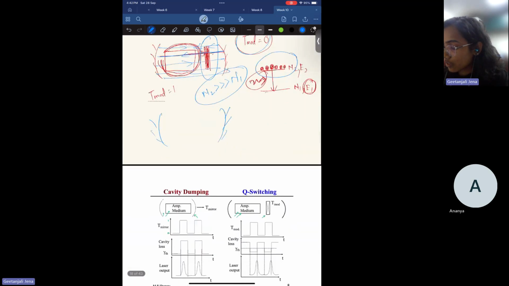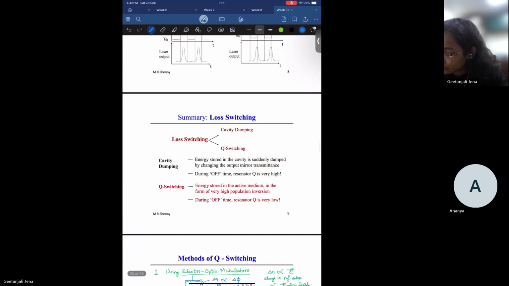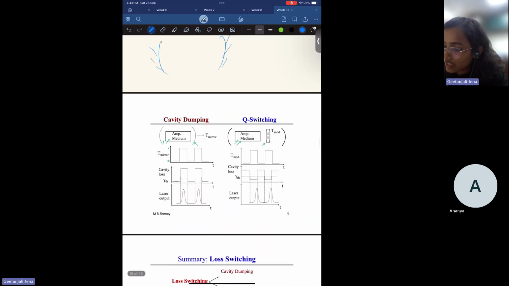So let me move to our next part. The next part says comparison between cavity dumping and Q switching. In cavity dumping, we change the transmittance of this mirror M2, but in Q switching, we change the energy stored in the amplifying medium, and we use an intracavity modulator to achieve a pulse laser.